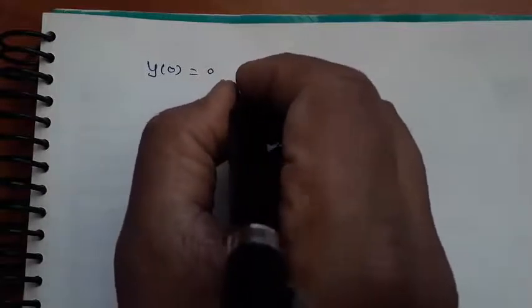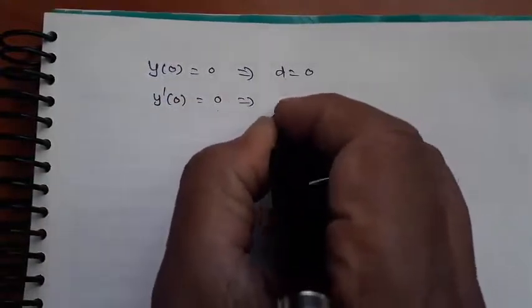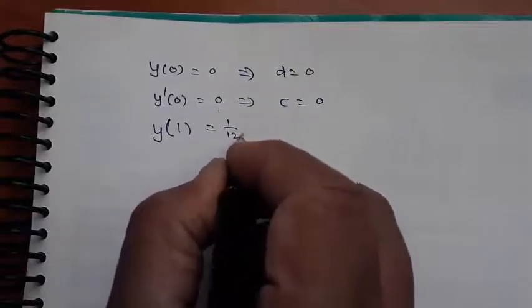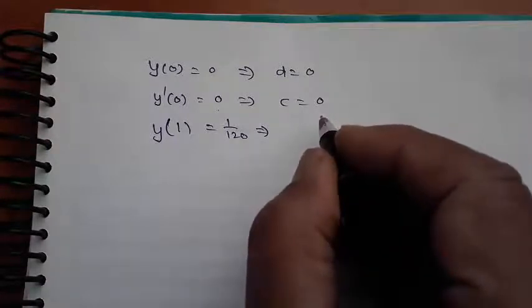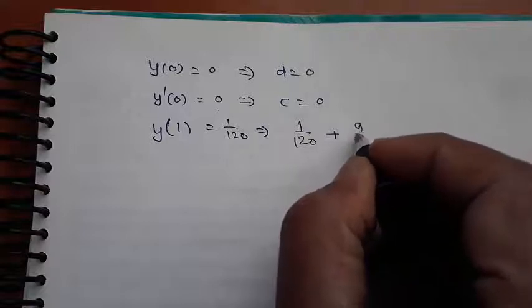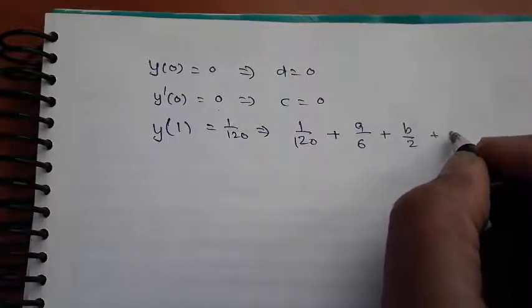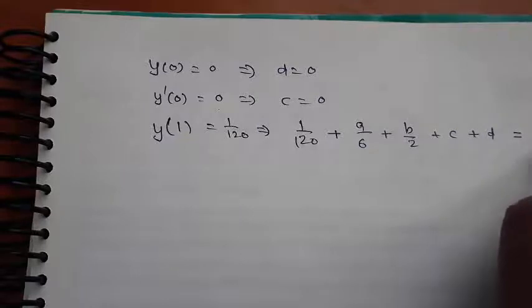The condition y at 0 equal to 0 implies d equal to 0. y dash at 0 equal to 0 implies c equal to 0. y at 1 equal to 1 by 120 implies 1 by 120 plus a by 6 plus b by 2 plus c plus d equal to 1 by 120.